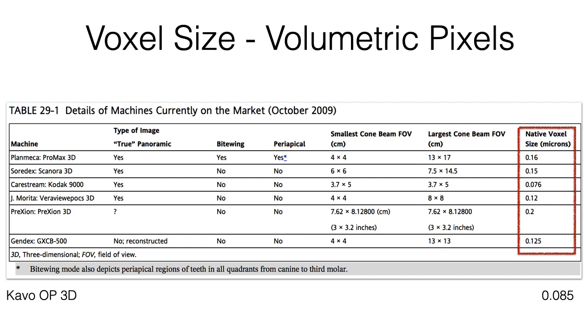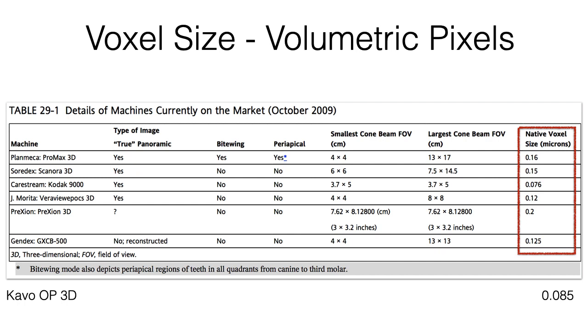So if you go, for instance, to the Planmeca, which is the one on the very top, we'll see here that the native voxel size in microns is 0.16. If we go, for instance, to the Carestream Kodak 9000, the voxel size is about half of that. So definitely the Carestream is going to have a much better resolution for endodontics compared to the Planmeca.